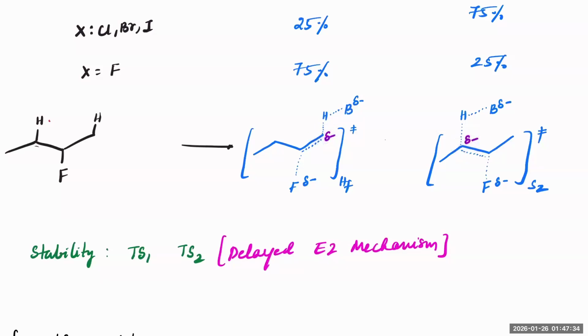So now the negative charge which is accumulating is on the primary position here, and on the 2-degree position here. And if you may recall carbanion stability, if you compare, definitely CH3 minus is more stable than 1-degree carbanion, compared to 2-degree carbanion, compared to 3-degree carbanion.